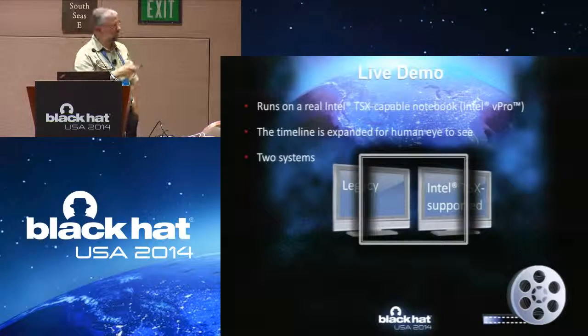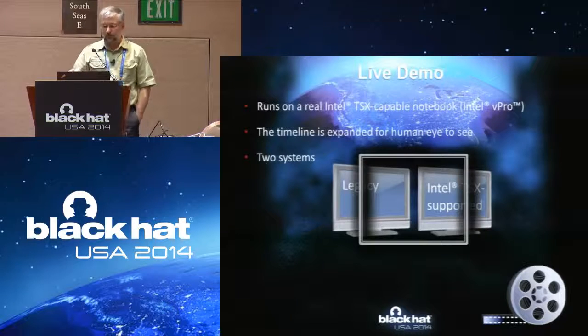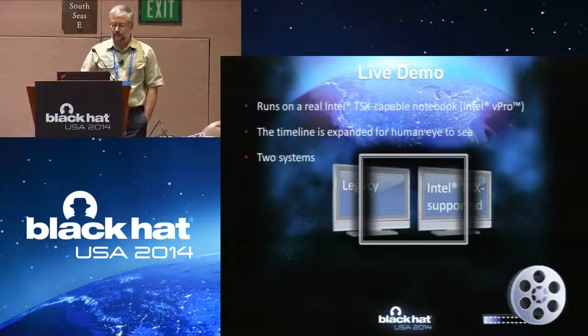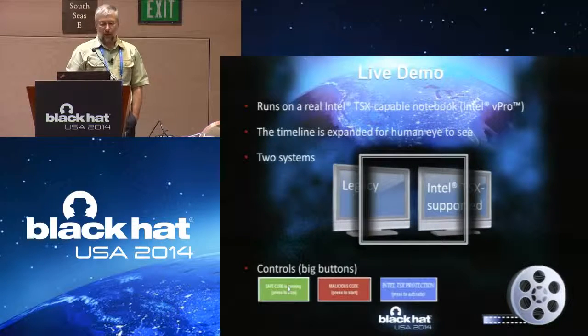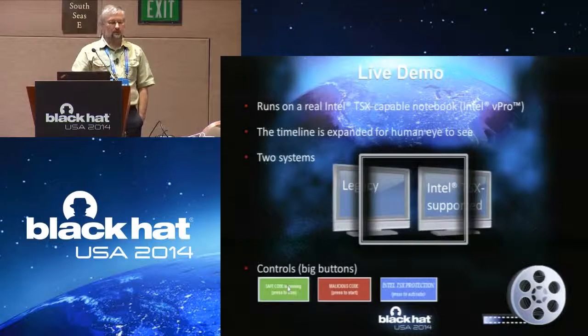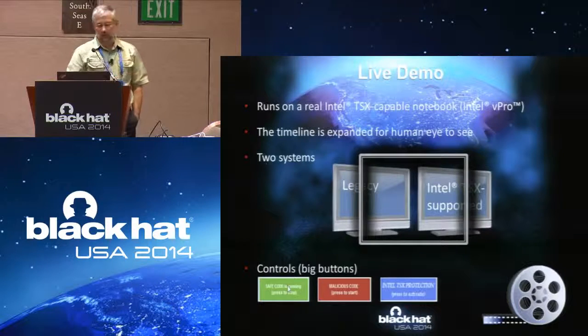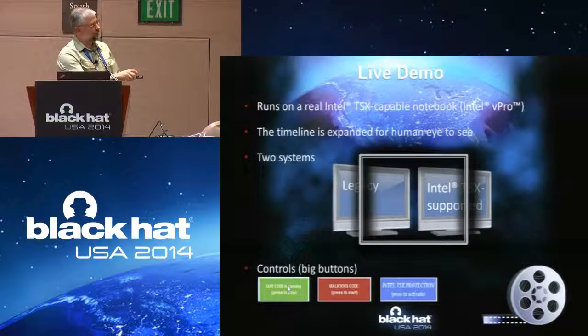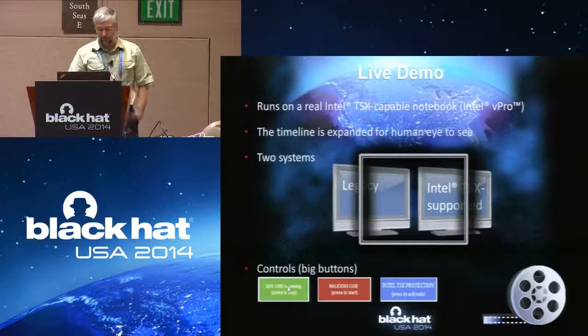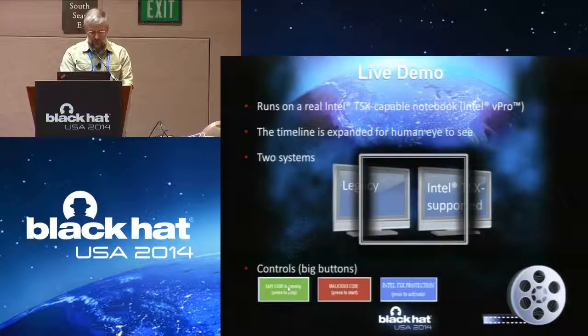It wouldn't fit completely on the screen, so I'll show it in some sort of a window. There will be control buttons: one is called run safe code, another run malicious code, and another turn on TSX protection. So let me do that.